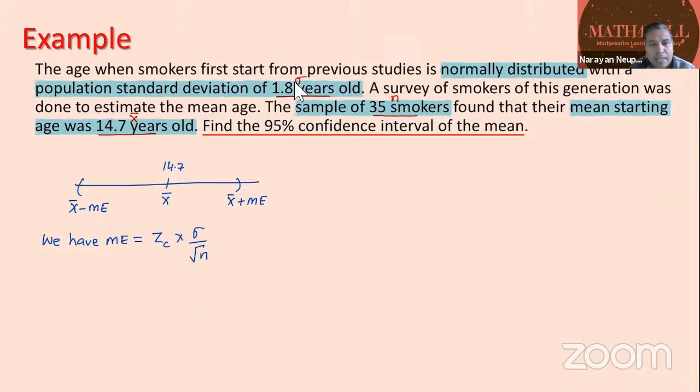So sigma is given, 1.8, n is 35, that's also given, but we don't know z sub c. So we have to find the z critical, then plug in here to get the margin of error. Then we will be able to add and subtract the margin of error to get the lower and upper boundary for the interval. So before we move on, is everything clear up to here?